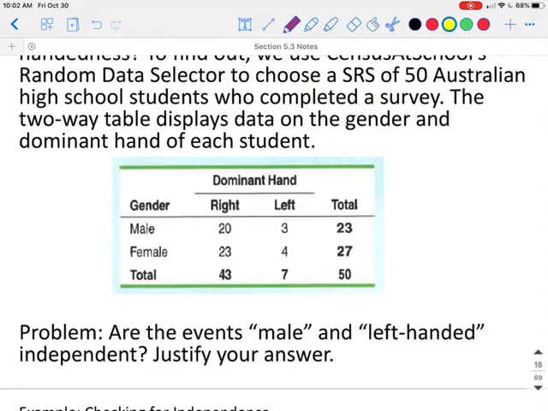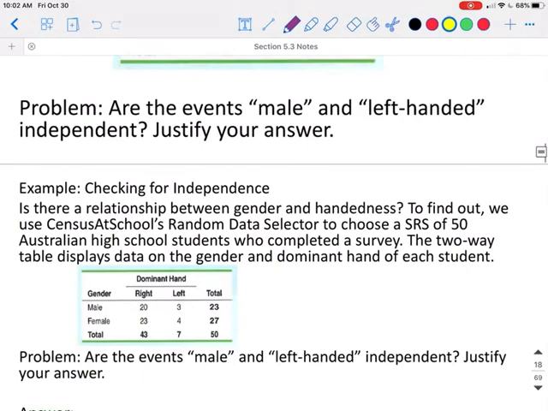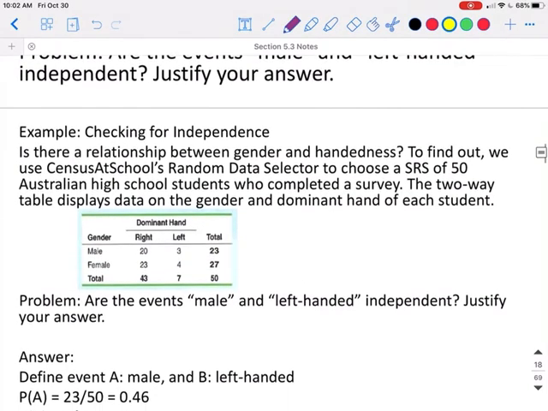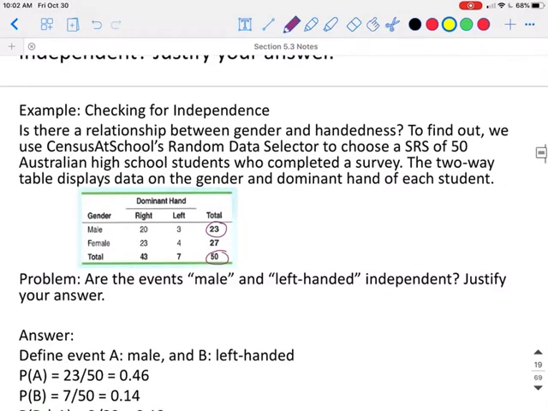Justify your answer. So to do this, let's define event A, that the student is male, and event B, that the student is left-handed. Now from this table, we can see that the probability that the student is male is 46%, because 23 out of the total 50 students were male.